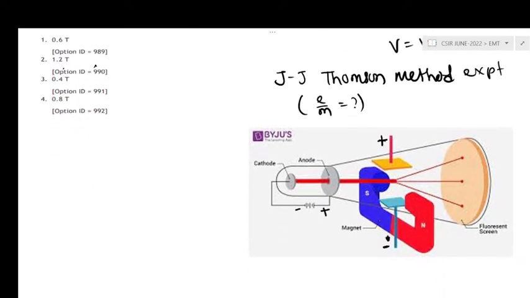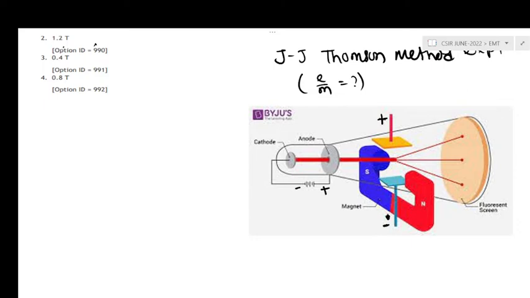Thomson experiment. This is the total experimental setup of the J.J. Thomson. See, this is a glass tube, a glass electron ray tube you can say, and the gas is at low pressure.